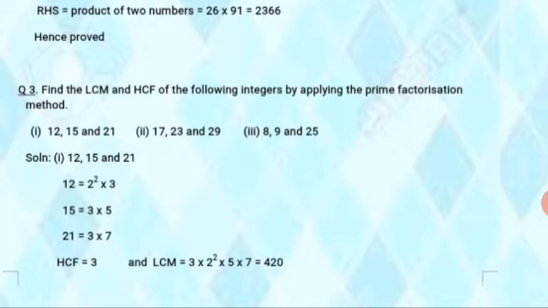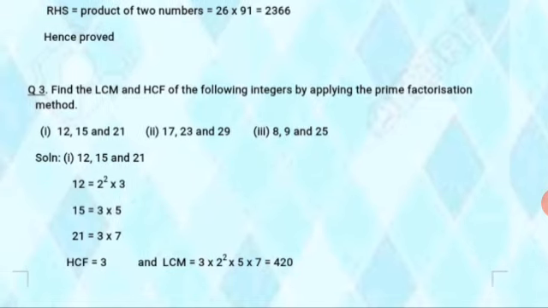You can see the prime factorization. 12 is 2 into 2 into 3. 15 is 3 into 5. 21 is 3 into 7. That is why the HCF, that is the common factor, it is 3. Whereas the LCM comes out to be 420. This is how you are going to try the other two also.